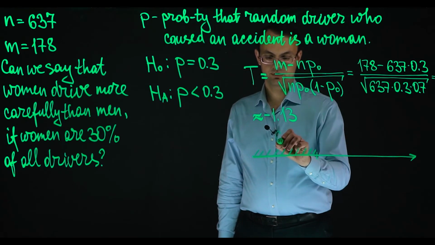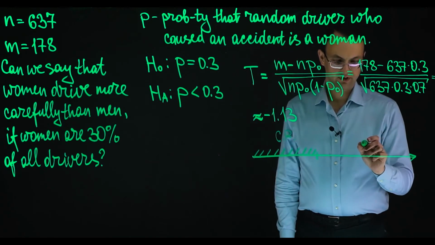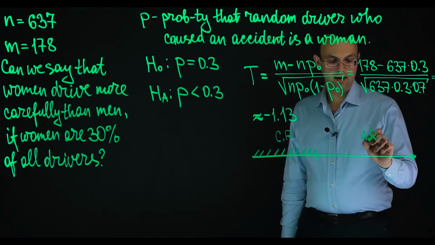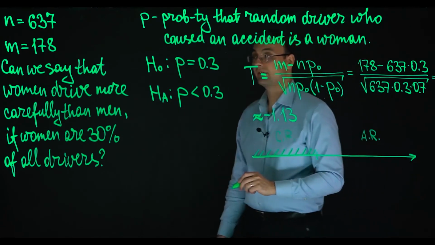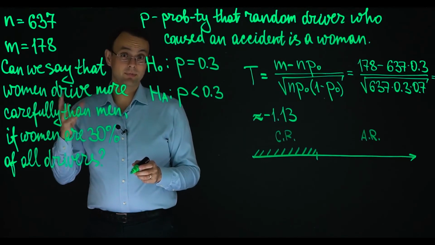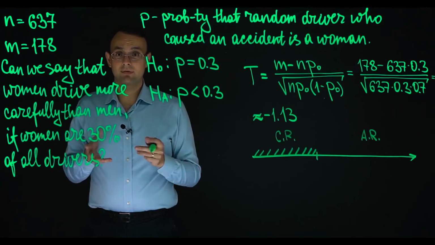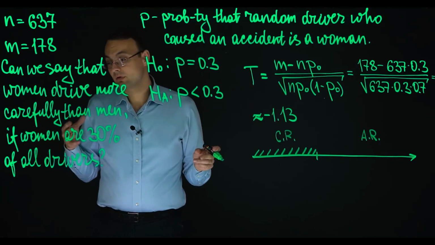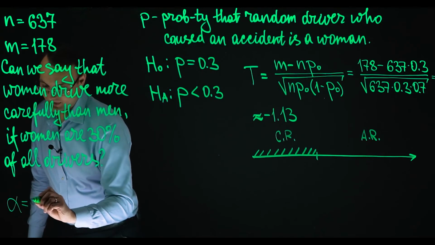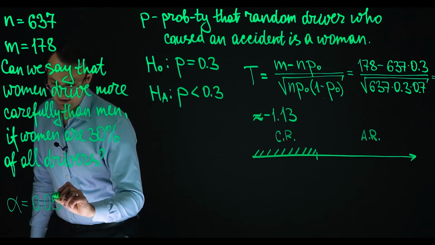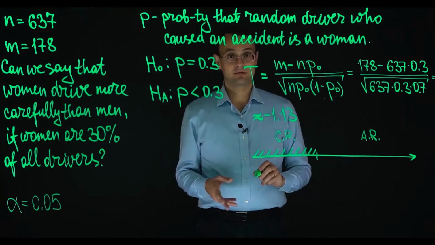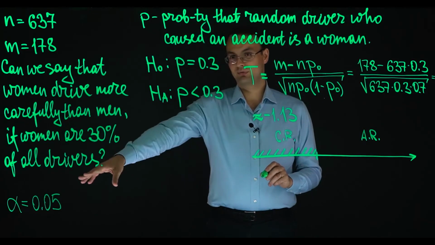So, critical region, acceptance region. And we don't know yet the alpha, the significance level, they didn't give us alpha. That is why we are to choose alpha ourselves. And so let's choose the default value, 0.05.